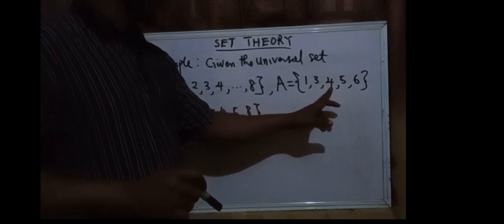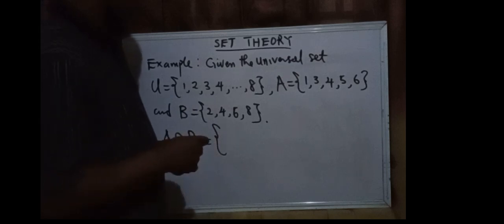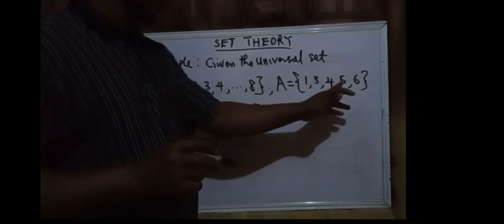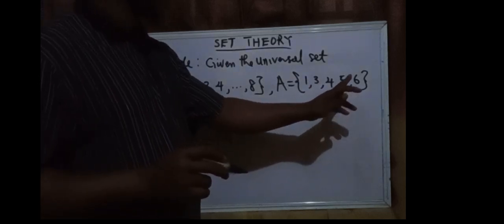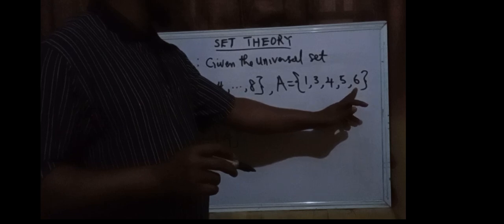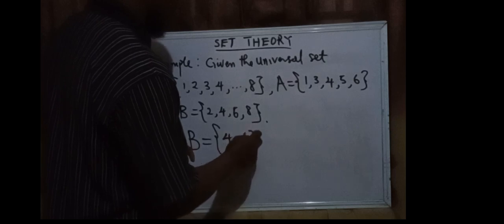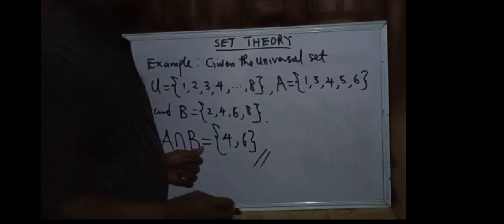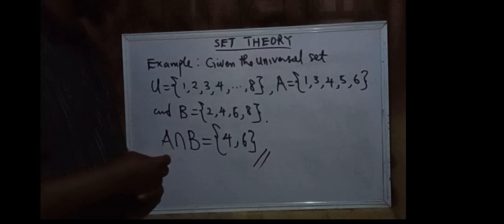The next number, 4, is in A and 4 is in B, so the first element of the intersection is 4. Also, we have 5. 5 is in A and 5 is not in B, so 5 is not a member. Also 6 is in A and 6 is in B, so 6 is a member. This is the result of the elements that are in the intersection of these two sets.